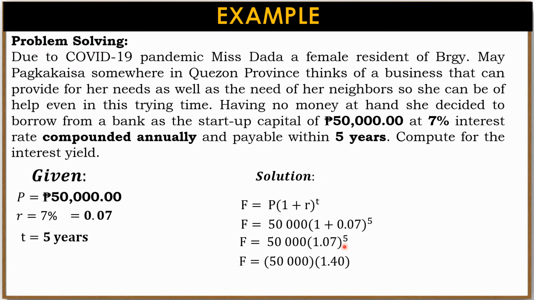And we'll have 1.40. Now multiply 50,000 times 1.40. Alright, so the product is 70,000. Meaning to say, after 5 years, Miss Dada will pay 70,000.